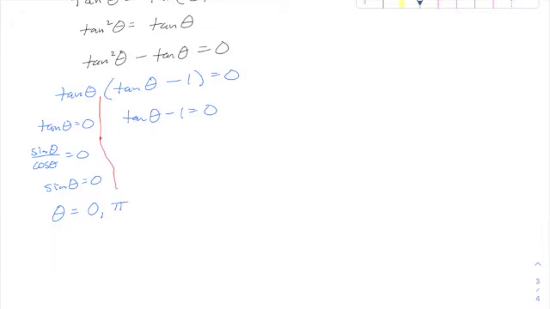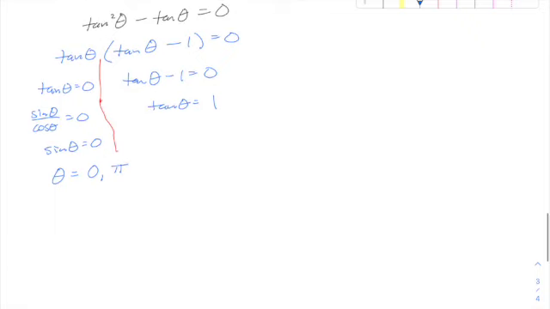And now solving this second factor, you're saying when does tangent equal 1, positive 1 specifically, and that would be a reference angle of pi over 4, but tangent is positive in quadrant 1 and quadrant 3, right? From all students take calculus, that's quadrant 1, quadrant 3.